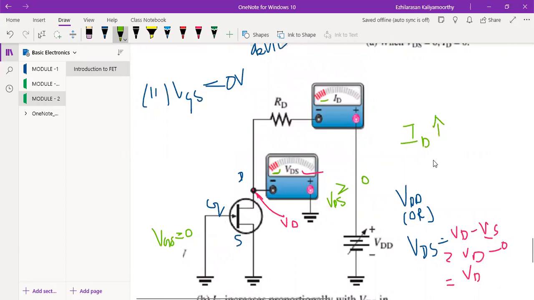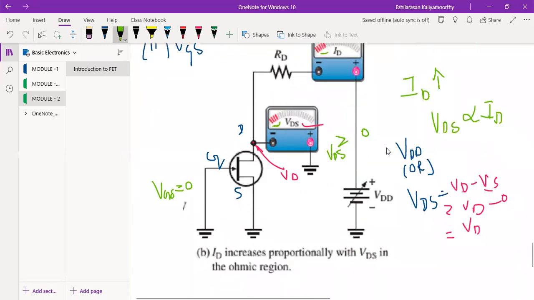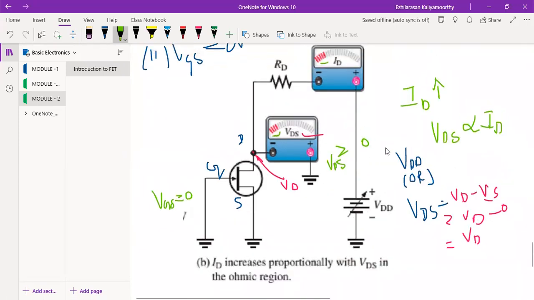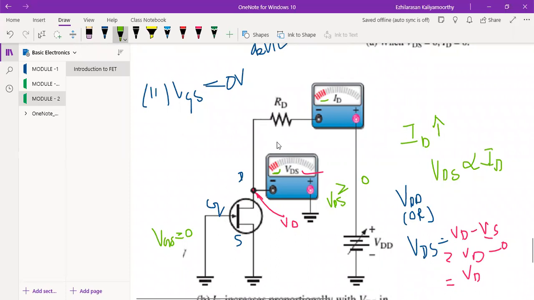So I can say VDS is directly proportional to ID. However much the VD you increase, that much the current also will increase. That is the ohmic region, or I can say the linear region. The current will flow, and ID also will increase.